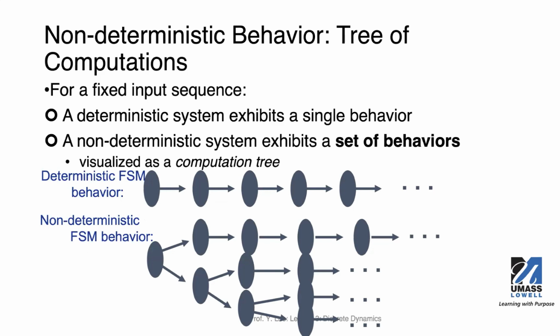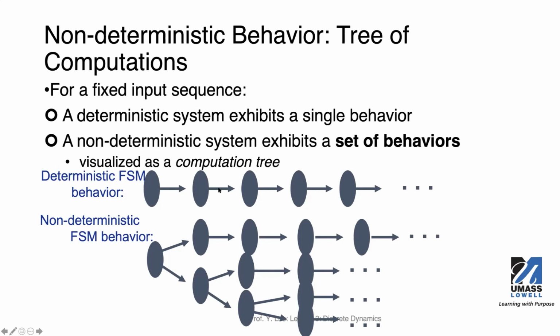The behaviors of the deterministic finite state machine and the non-deterministic finite state machine are very different. A deterministic system exhibits a single behavior because for a given input in the current state, you will definitely transition to one next state.